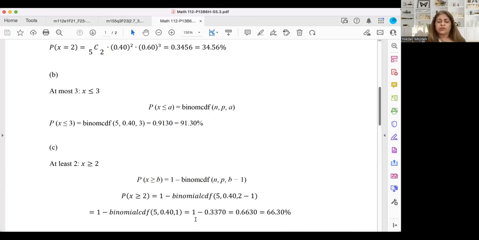Question? Did I answer? We have a question in the chat. Somebody's asking if it's okay to not use the mathematical symbol, but to write the word instead, like at least, instead of X is greater than or equal to 2. I want you to use the symbols because when we get to other chapters, or maybe even the next section, section 6.2 and on, we use a lot of X less than or equal to 2, greater than or equal to 2, between 2 numbers.